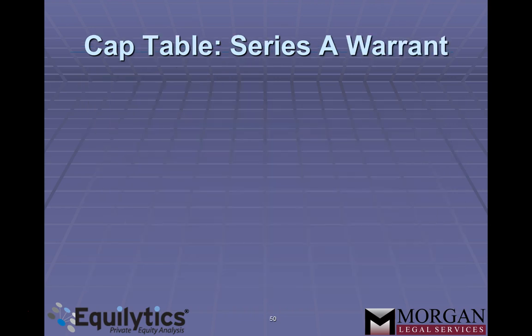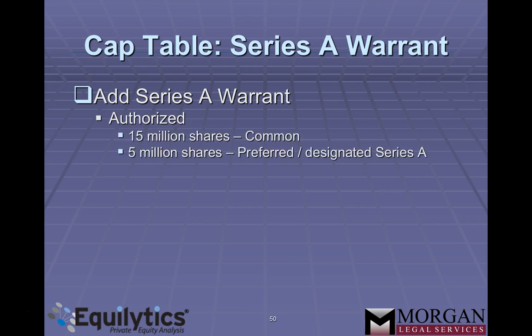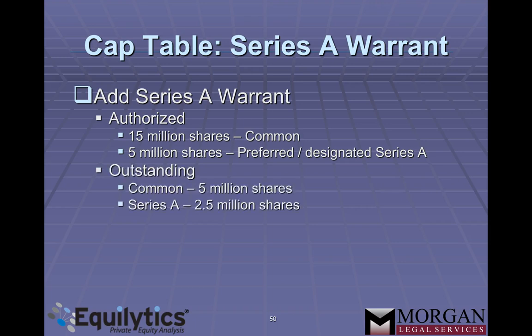We're going to add one more complication, and that is a warrant to exercise for Series A. So our authorized stock, 15 million shares of common, 5 million shares preferred, all of which are designated Series A. Outstanding stock, 5 million shares of common, 2.5 million shares of Series A. That hasn't changed since last time.